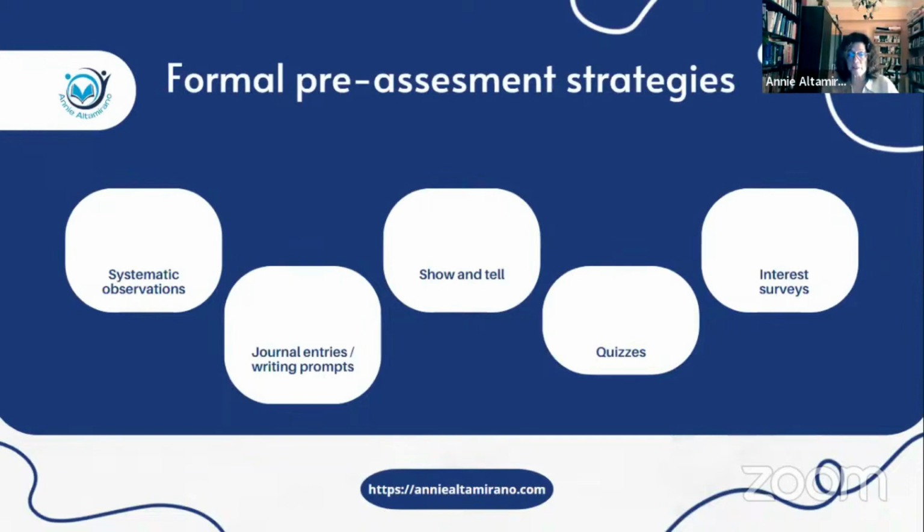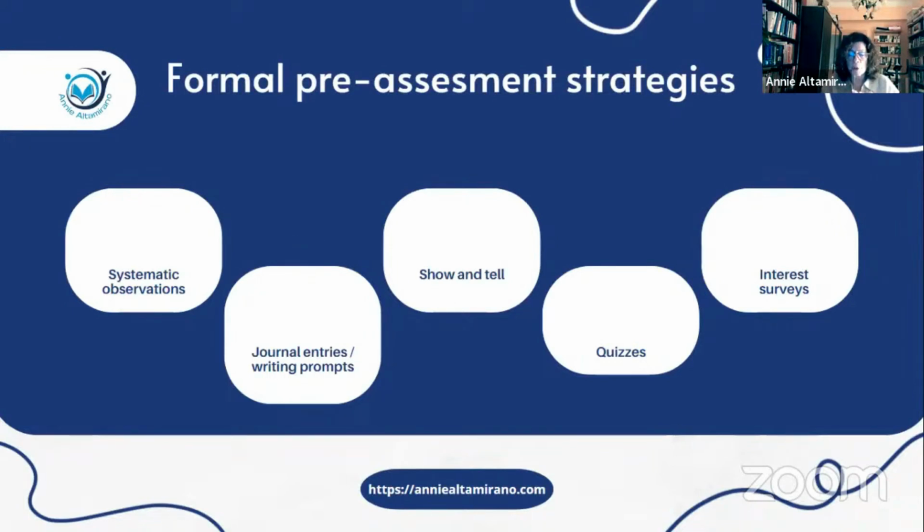So we can have systematic observations, we can have individual interviews with students, or we can have some systematic observations of present work, individual work, and record these observations on pre-designed checklists or guides.